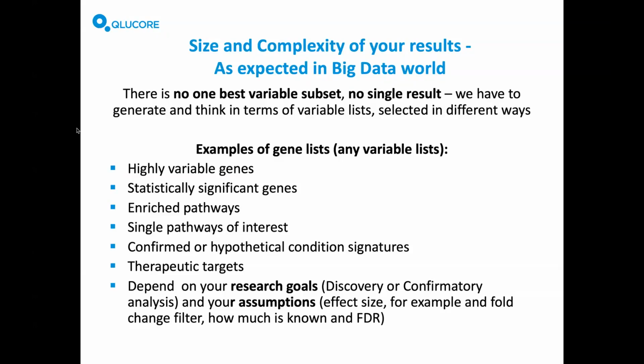So ways how we can look at it. I will be working, by the way, with gene expression data sets, so I will be using gene terminology. It applies to any variables you're working with, it can be proteomics, metabolomics, lipidomics. I'm just using genes here. We can look at the layer of highly variable genes.